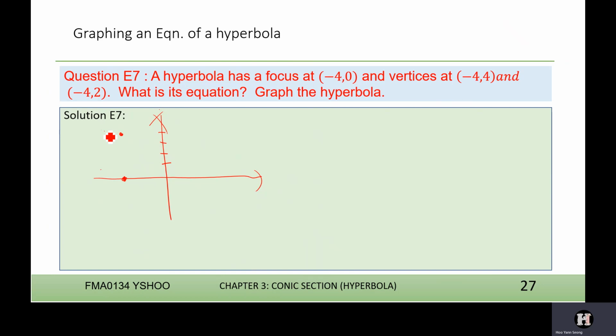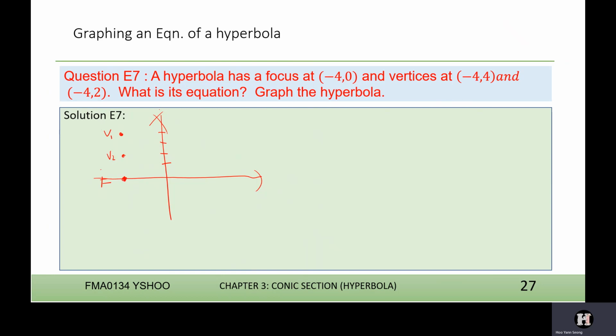Okay, these are our vertices. This is already our focus, and the next one is -4, 2. So this is our V1, this is our V2. And these 3 points they're giving to you.